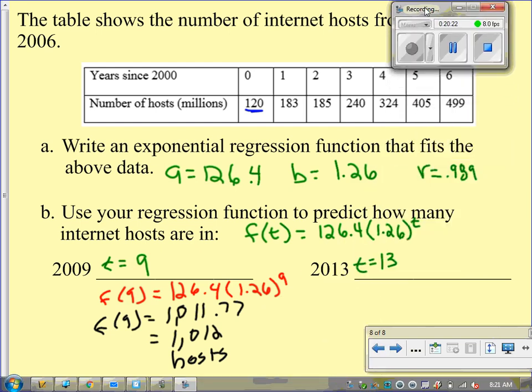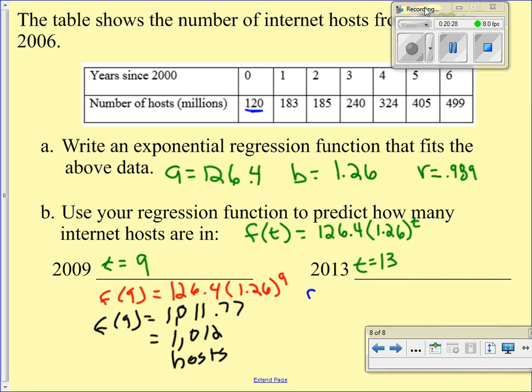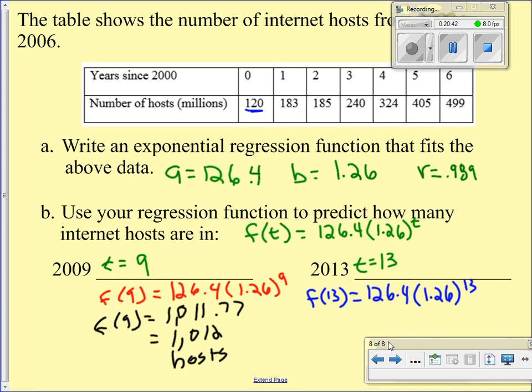Then I'm going to plug 13 in to predict the number of internet hosts in 2013. So f of 13 is 126.4 times 1.26 raised to the 13th. Plug that in.